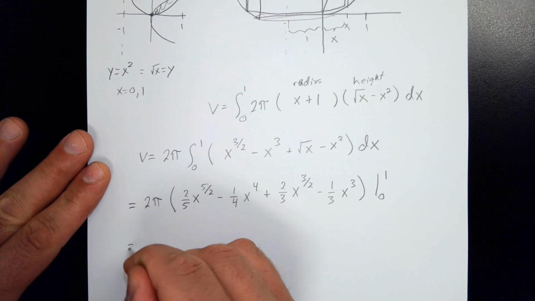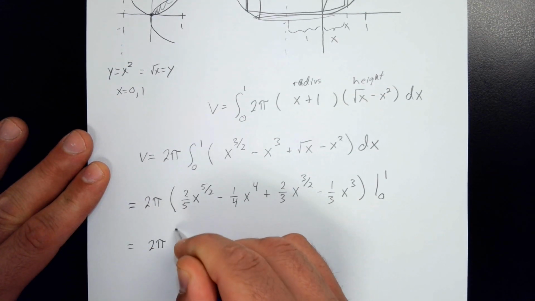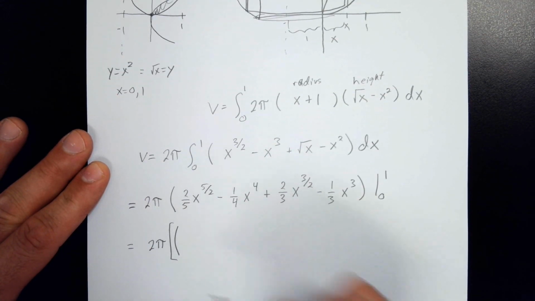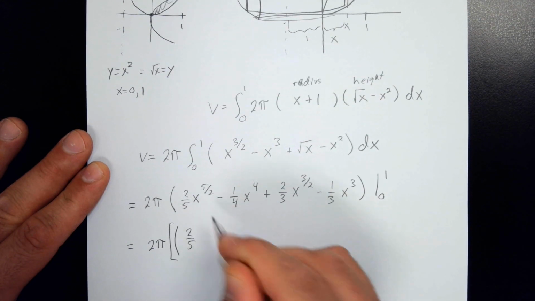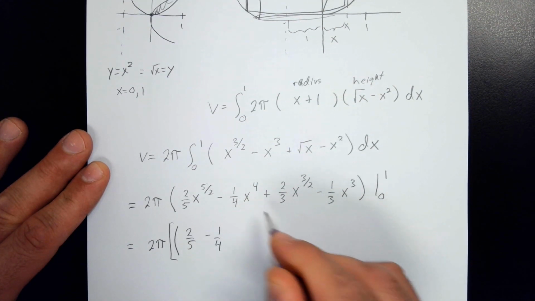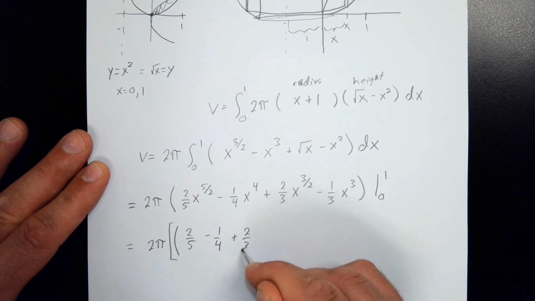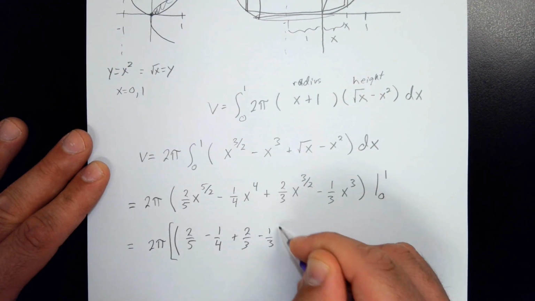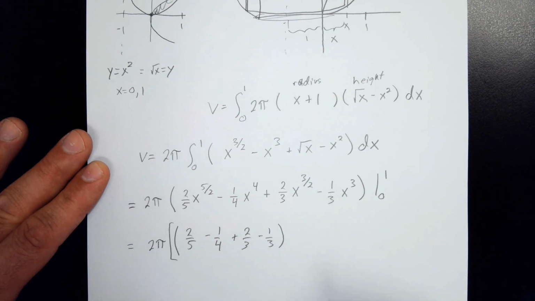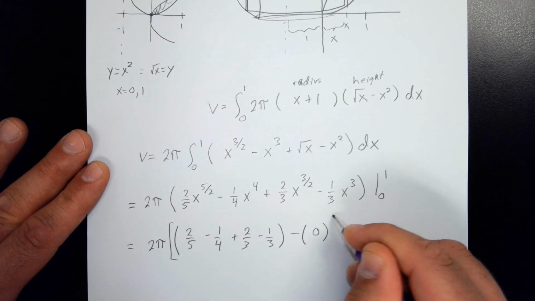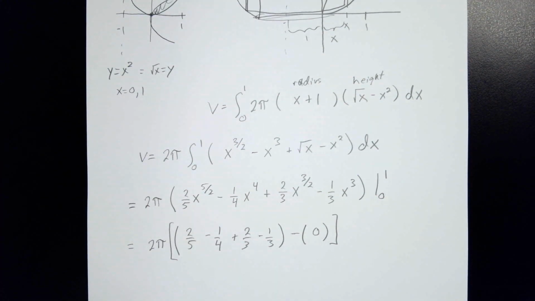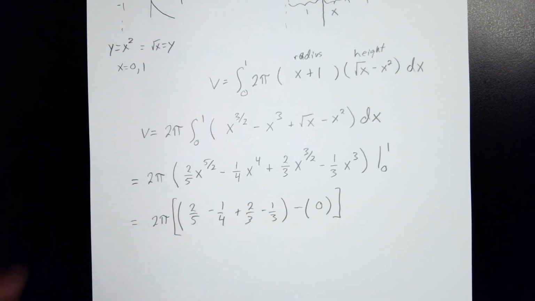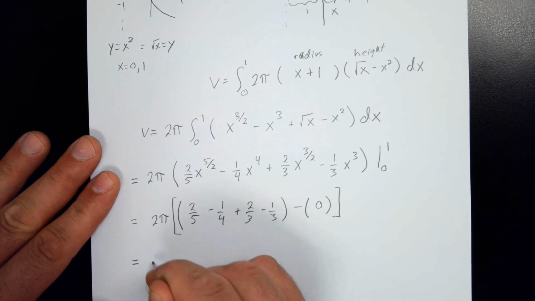So if I plug in a 1, I'll have 2/5 minus 1/4 plus 2/3 minus 1/3. That's what I get if I plug in a 1 for all these values of x. If I plug in a 0, I get 0 minus 0 plus 0 minus 0, so I get a big 0. So now I just need to combine these terms. If I wanted to plug this into a calculator for WebWork, I could, but these aren't too hard to simplify.